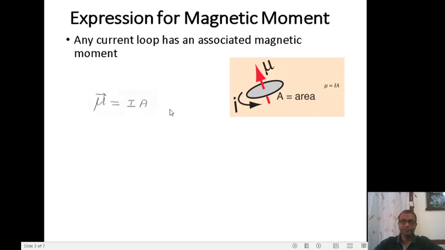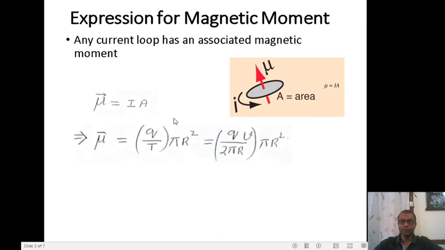So this is the expression for the magnetic moment associated with a current loop. This can be written as mu is equal to q by t times A. If the charged particle going around the loop has a charge q, and it takes a time t to cover the whole circular loop, then q by t gives you the current.